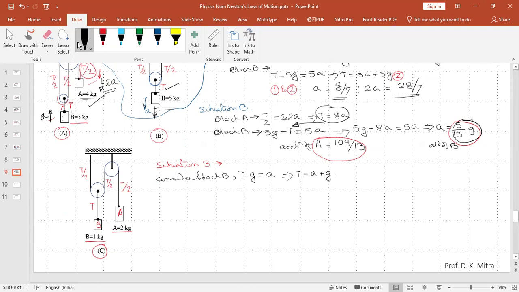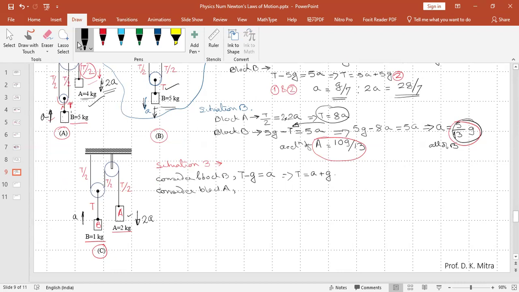Now consider block A. Once again, we write the force equations. Here it is 2 kg, so it is going downward. And obviously, if the acceleration of this is A, the acceleration of this is 2A, because the rope goes around like this.